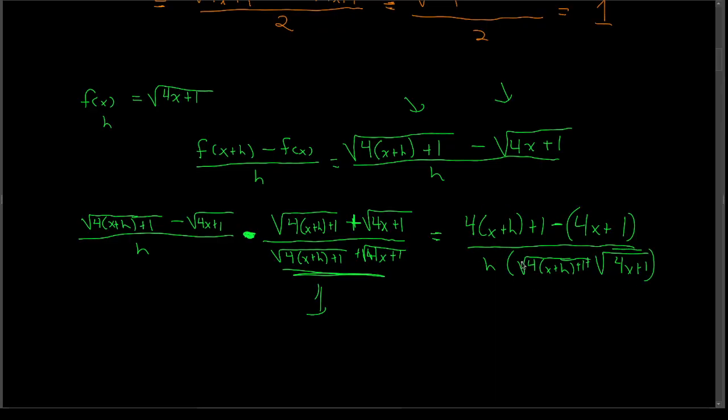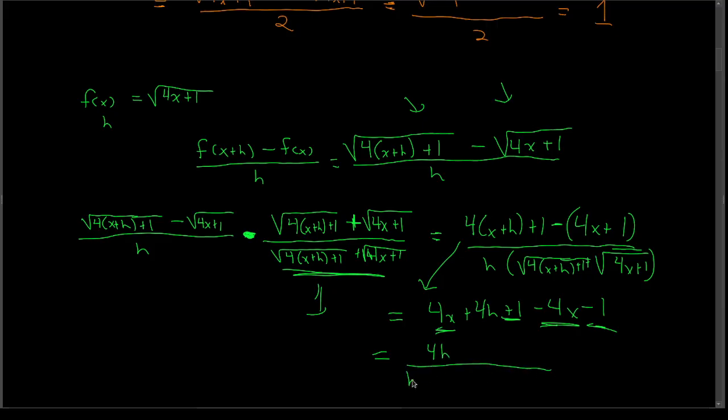And what I've done to the top here is, if I put this 4 through here, I'm just going to look at the numerator. We know the denominator is going to do what the denominator does. The parts of the original function, the 4x and the minus 1, cancel, leaving me a 4h upstairs.